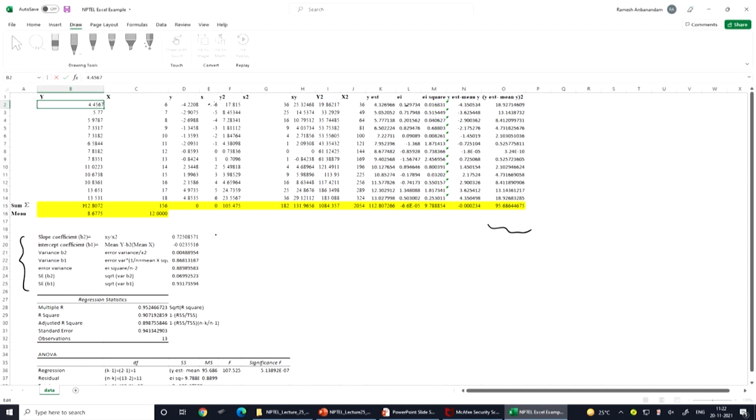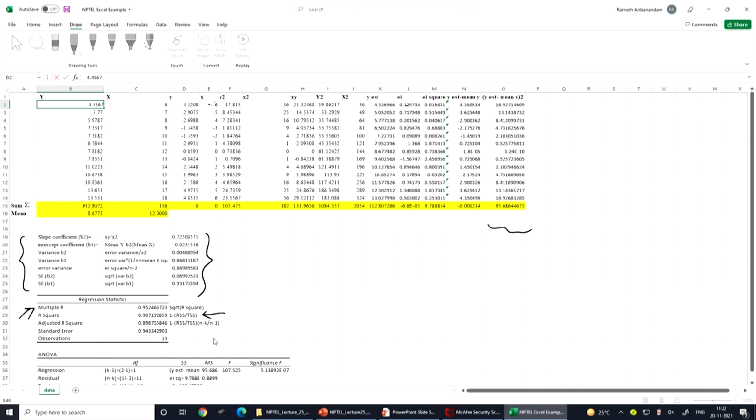After doing these minimum estimations required for our calculation, we can calculate the multiple R square like this. The R square value is basically 1 minus RSS by TSS, the total sum of squares, which is calculated here. Then adjusted R square is also calculated with the help of its degrees of freedom.